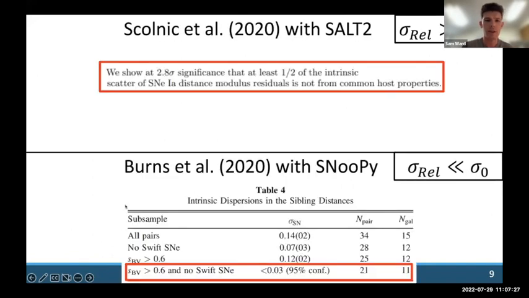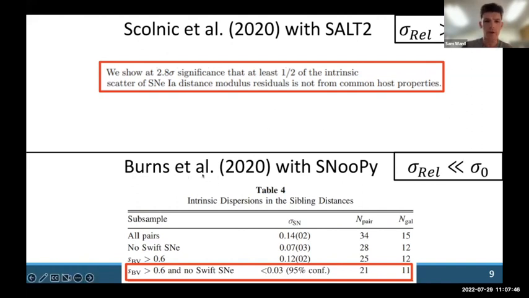So I would say that there have been two sibling studies looking into constraining the siblings' intrinsic scatter across a population of siblings. The prototype study doing this was Scolnic 2020. And in our notation, they essentially say that sigma rel is probably greater than half of the total intrinsic scatter in the Hubble diagram.